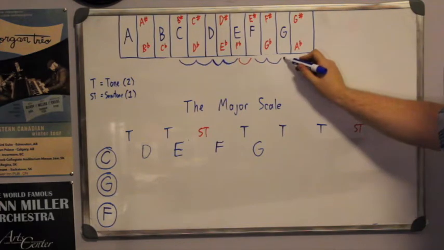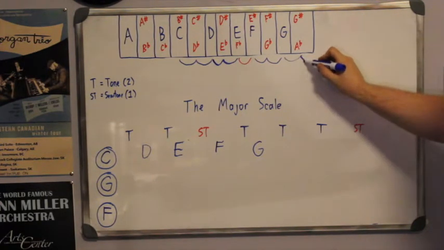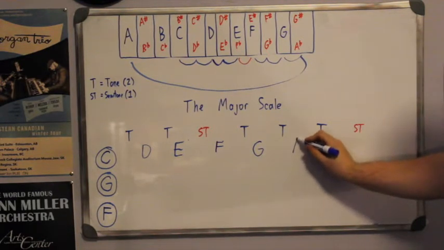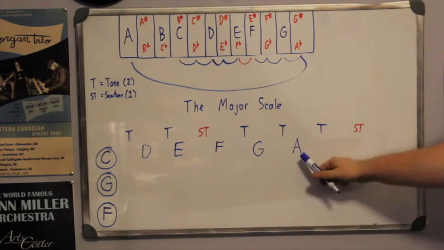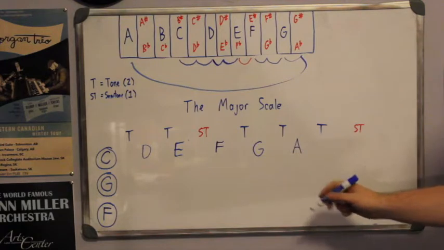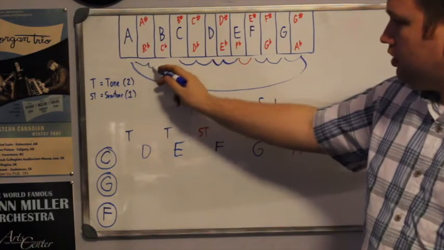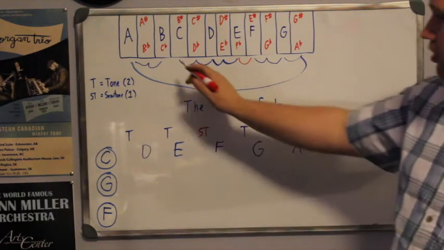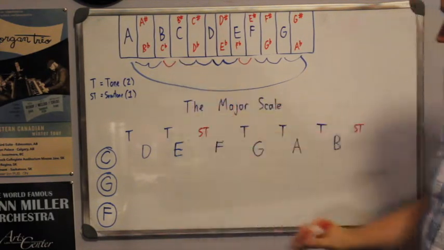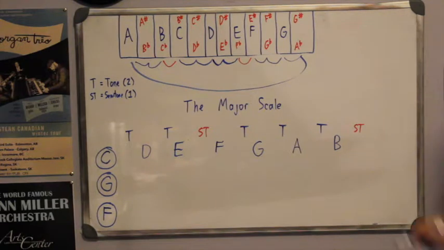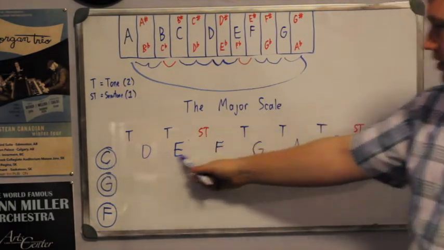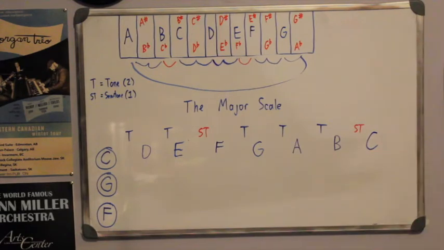So our first jump will be 1, and then the second one's going to take us all the way back to A. A tone above A is going to take us to B, and then that last semitone, if you've done everything right, should take you back home to where you started.